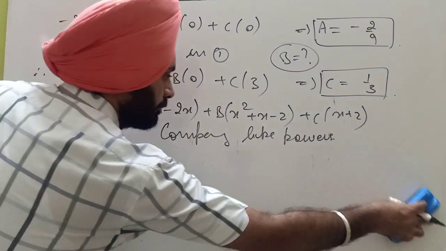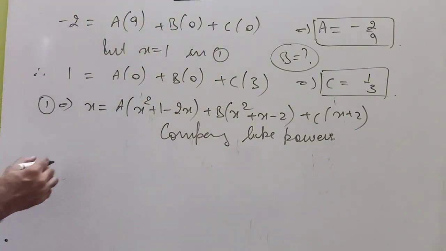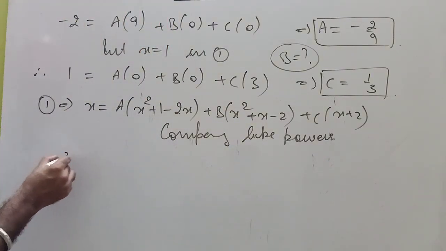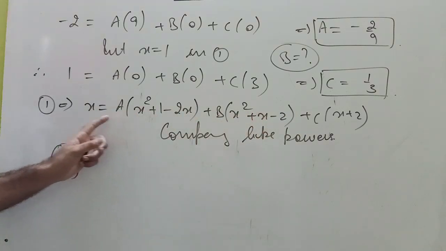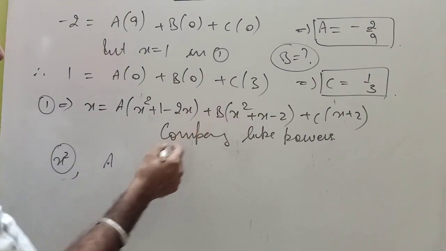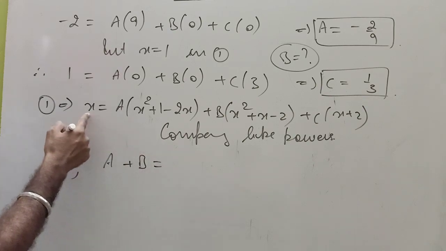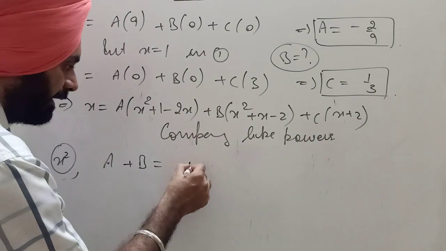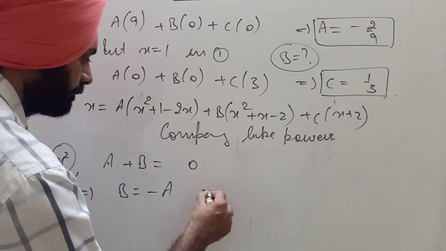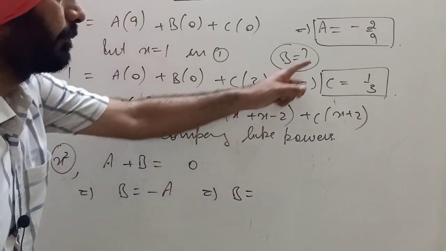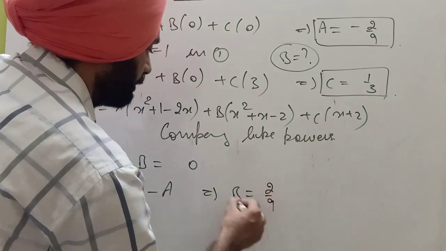Clear? First of all, highest power is x raised to power 2. Coefficients of x square are A plus B, and on the left hand side there is no x square, means 0. So B is minus A. So the value of B is minus A, means 2 by 9.